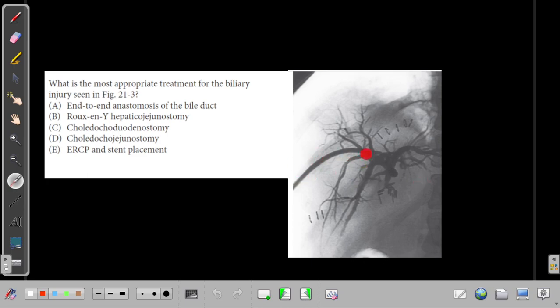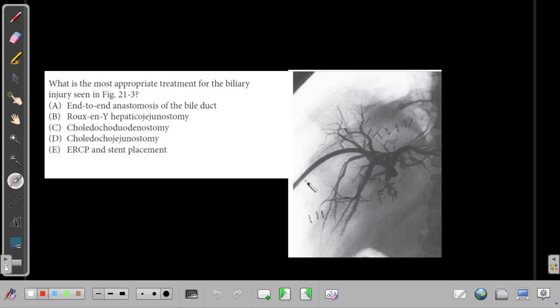PTC shows this figure: abrupt cessation of dye at the confluence of the left and right hepatic duct. And you can notice too many clips. This is clip 1, 2, 3. These are clips also, about 5. Too many clips in the field of lap chole. This means that it was a horrible surgery with a lot of bleeding, a lot of problems.